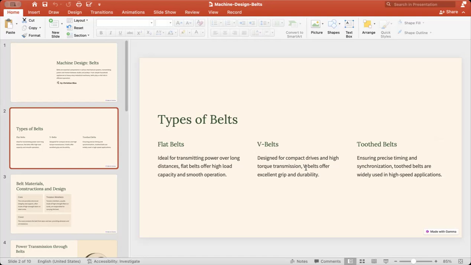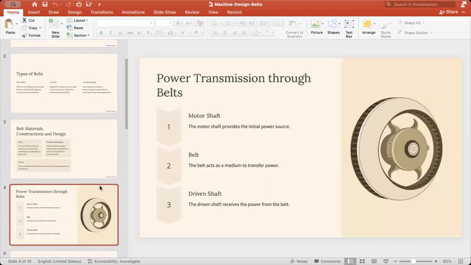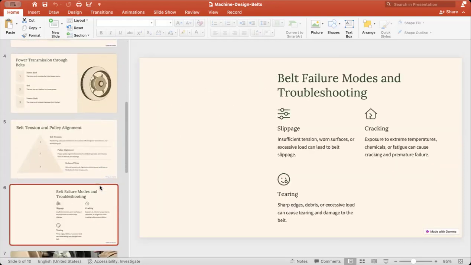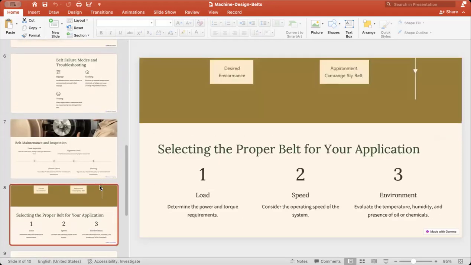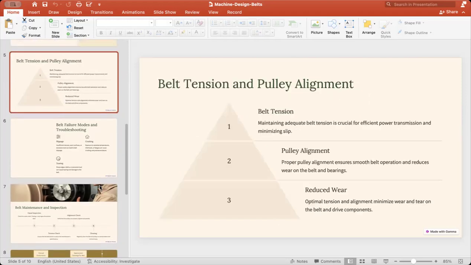Also, the parameters to consider in belt design are, of course, the strength of the belt, the arc of contact, the center distance, the centrifugal force, the friction, the thickness and the width, and the working stress.